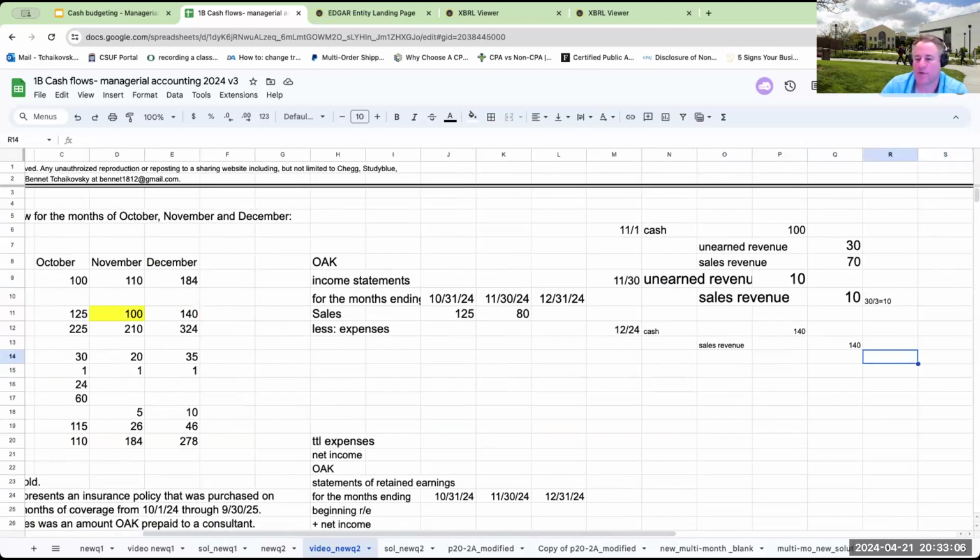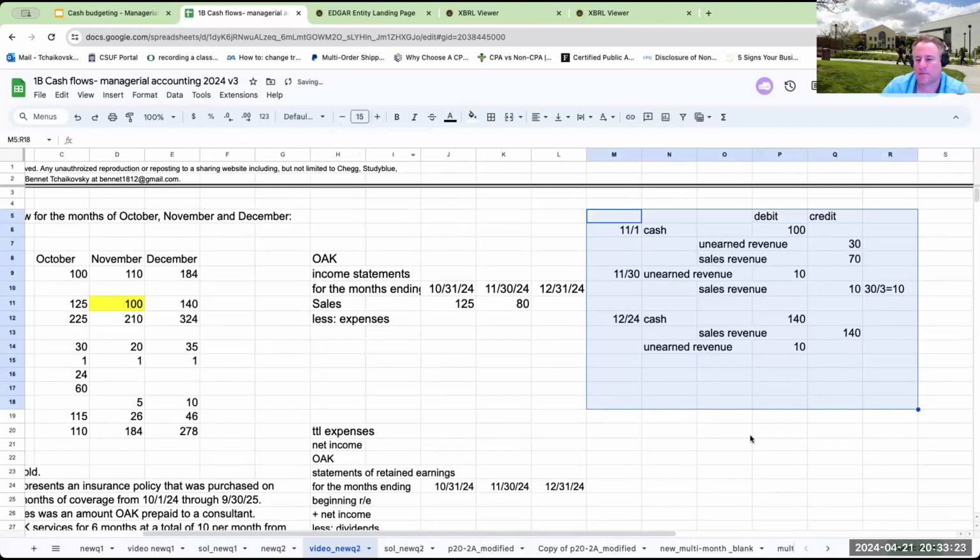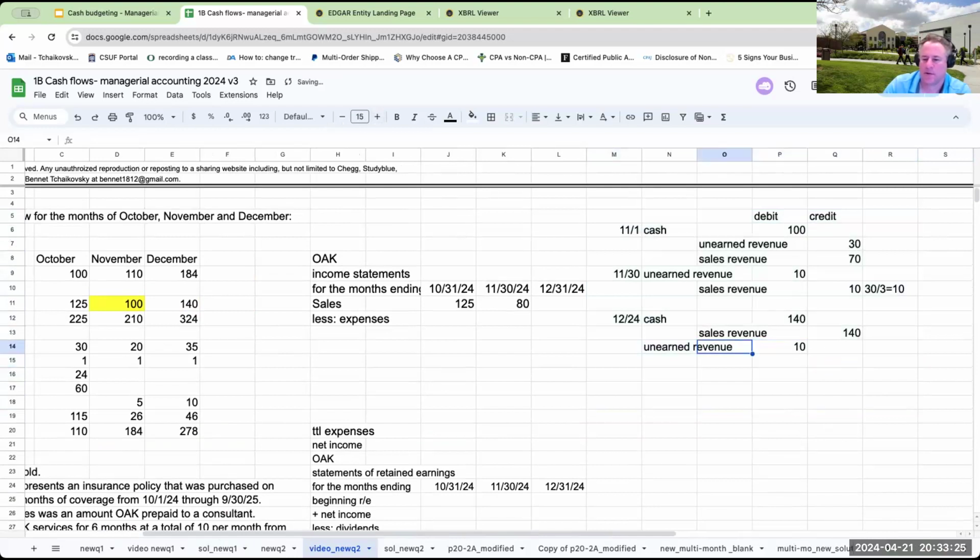So what I'm going to do is say unearned revenue at 10, and this is debit, credit, unearned revenue, sales revenue over here at 10. So the total amount of sales revenue I'm going to have for December is 150.